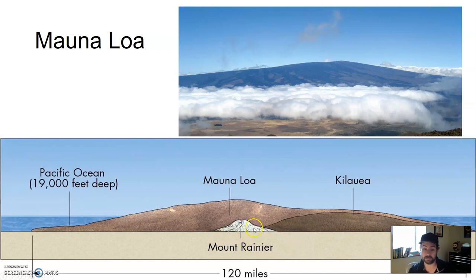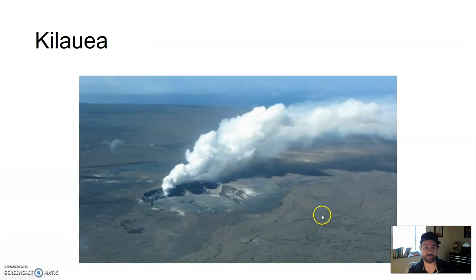This will explode much more violently than either of these ever will, because this is a stratovolcano in Washington State. This is just showing you comparisons of heights and sizes of these things to show you that just because they're big doesn't mean they have to explode. So here's Kilauea. You can see, as far as you can see, these are all old lava flows. So these are shield volcanoes.